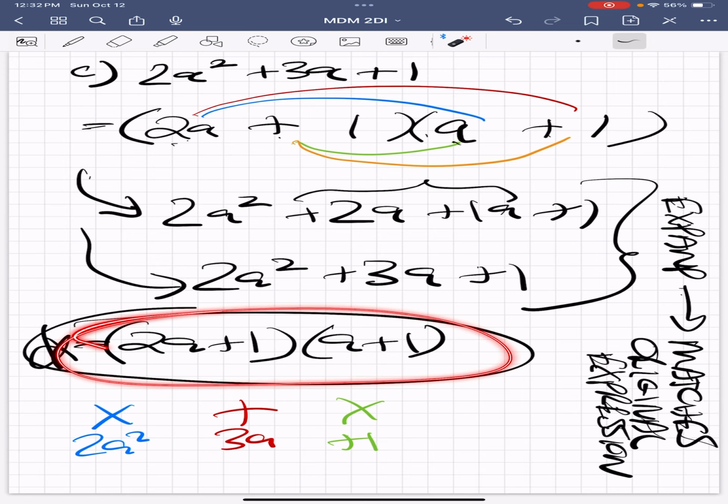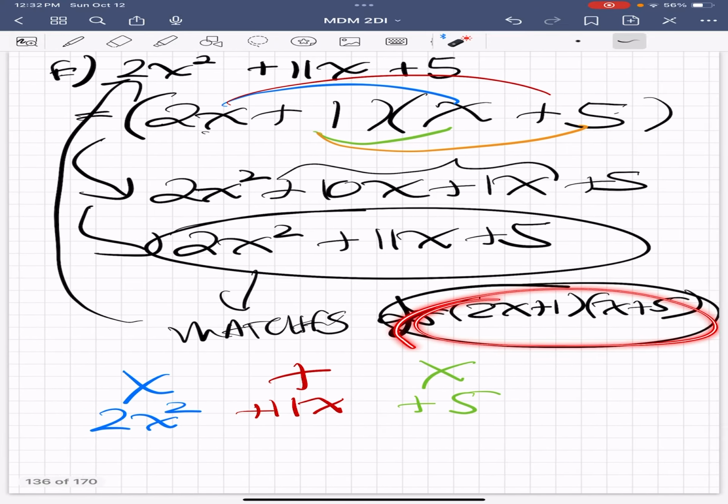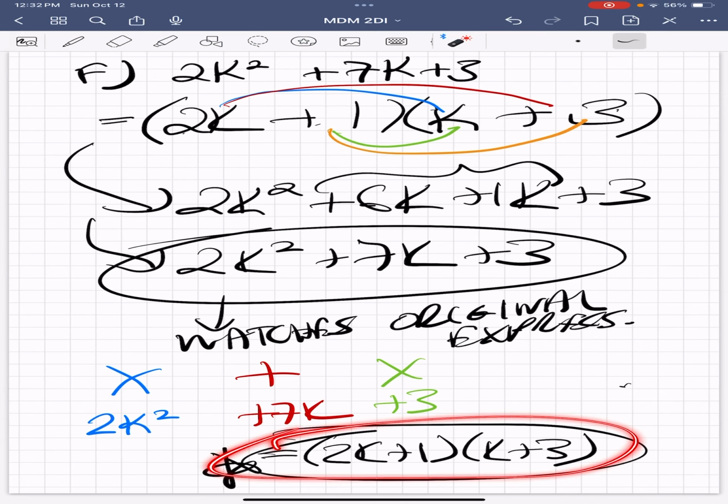So here's the answer, and here's the answer. Here's the answer. There you go. Those were fully factored complex trinomials, and also fully factored and expanded out trinomials as well, just to double check our work to make sure it was correct.